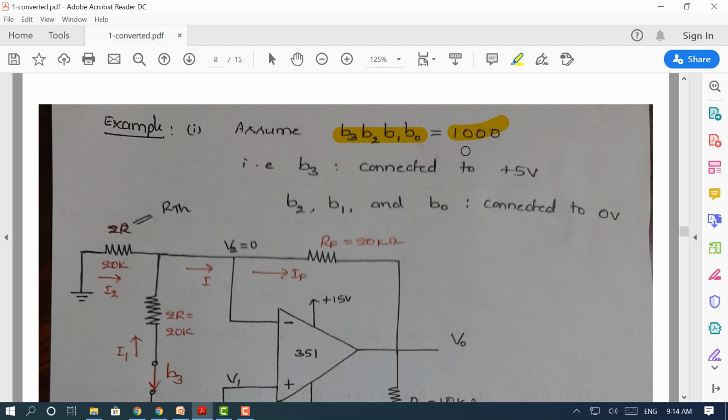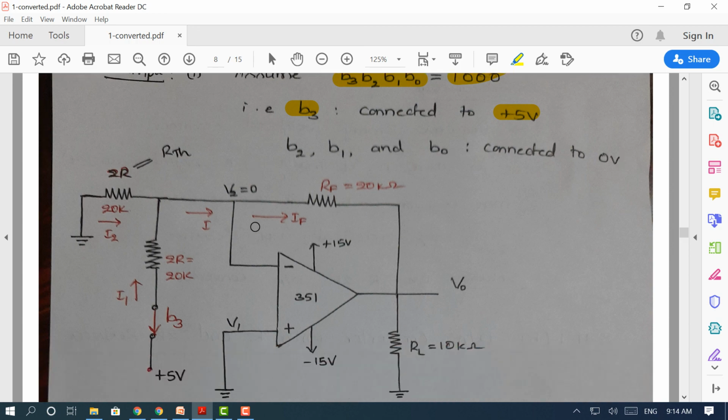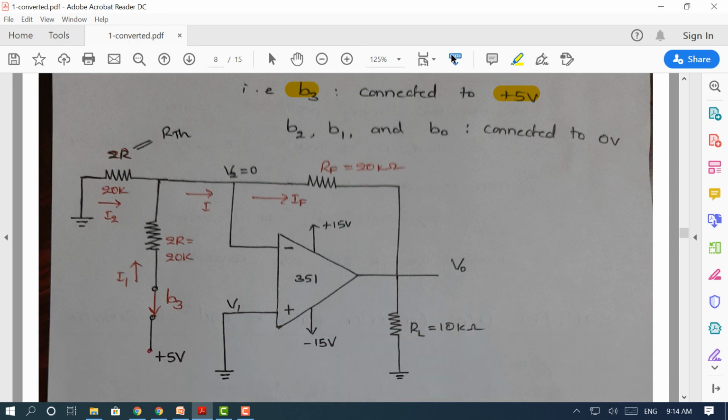Here for this particular digital data, B3 is connected to 5 volts, and B2, B1, B0 are connected to 0 volts. We can simplify the previous circuit to the case when only B3 is acting. So B3 is closed.